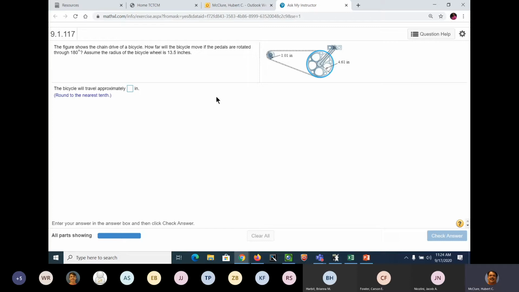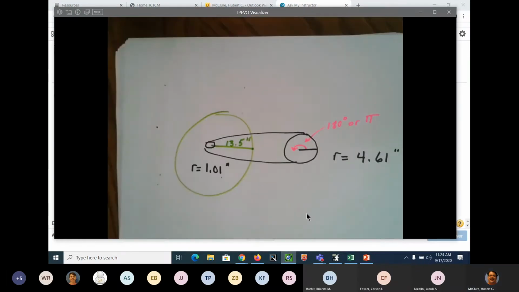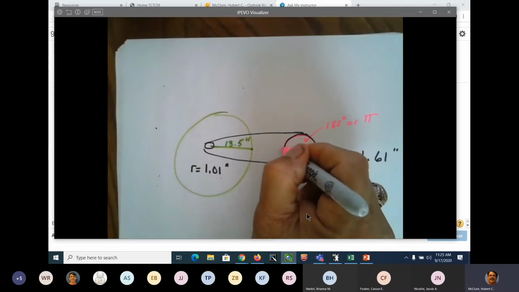That radius is 13.5 inches. Okay, so basically this is what you got. Let's go ahead and draw you a picture. Now, if this angle is 180 degrees, we've got to find basically this distance.